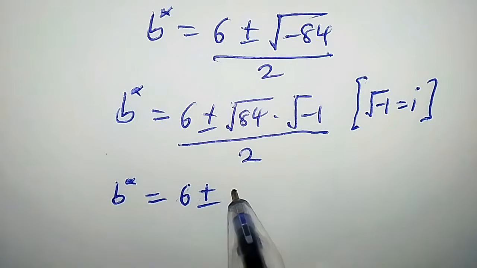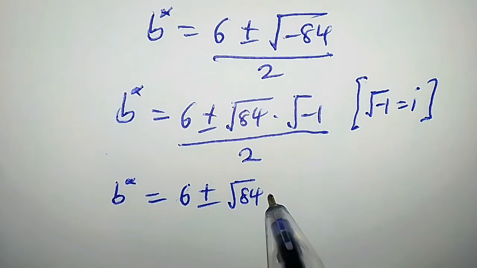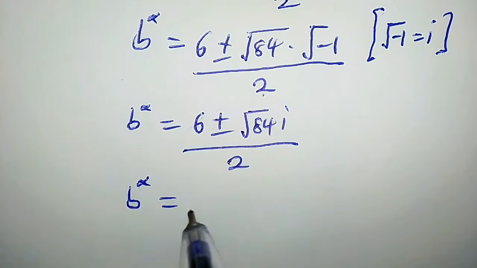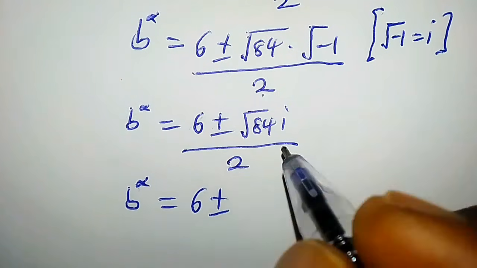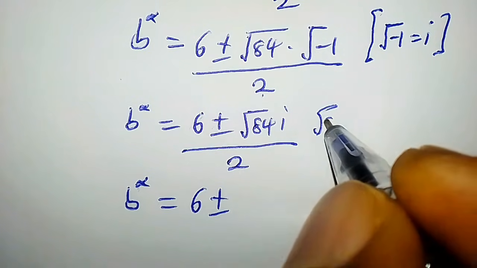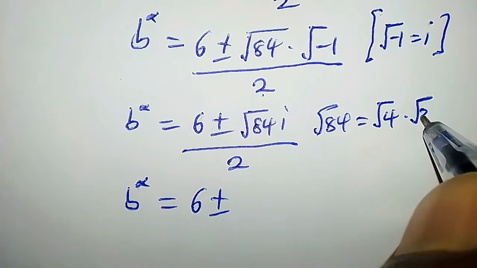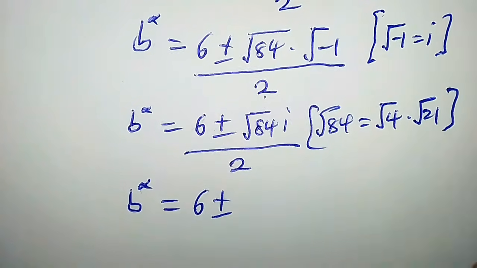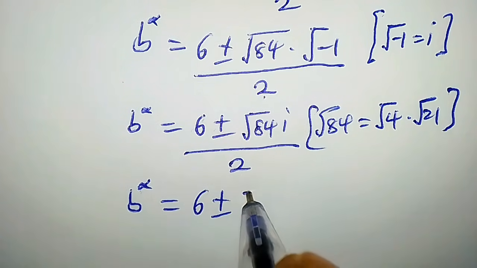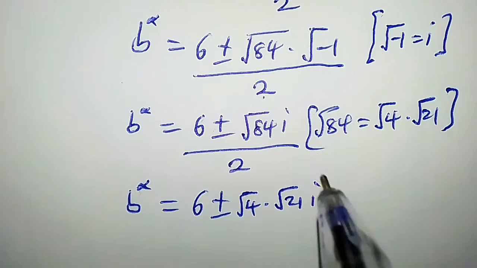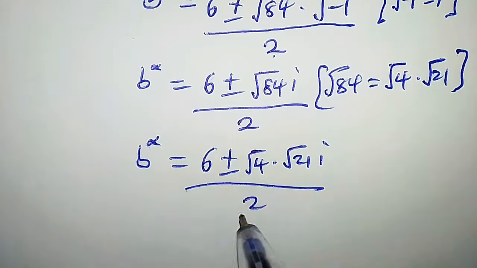So we have square root of 84 i divided by 2. Square root of 84 can also be written as square root of 4 times square root of 21. This becomes square root of 4 times square root of 21 times i divided by 2.